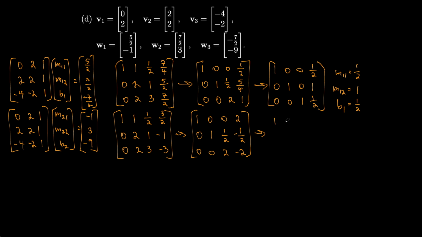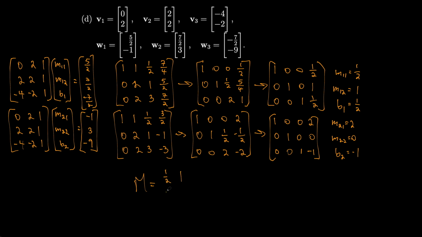And we get 1, 0, 0, 2, 0, 1, 0, 0, 0, 0, 1, minus 1. So that M21 equals 2, M22 equals 0, and B2 equals minus 1. Okay, so we have M equals half, 1, 2, 0, and B equals half, minus 1.